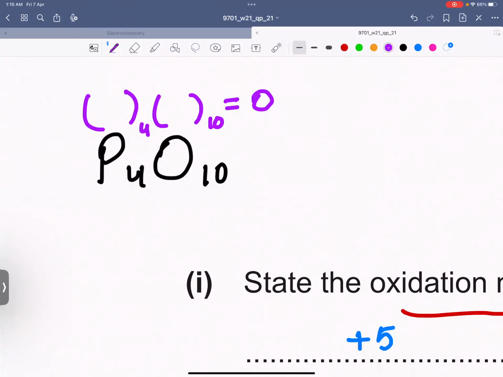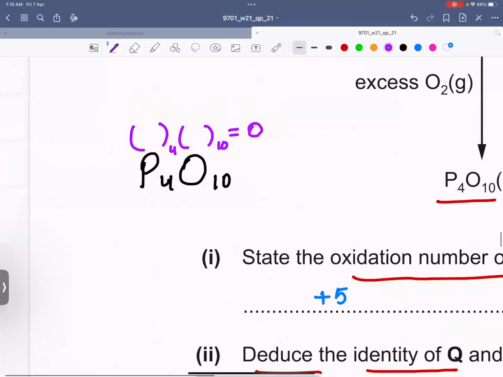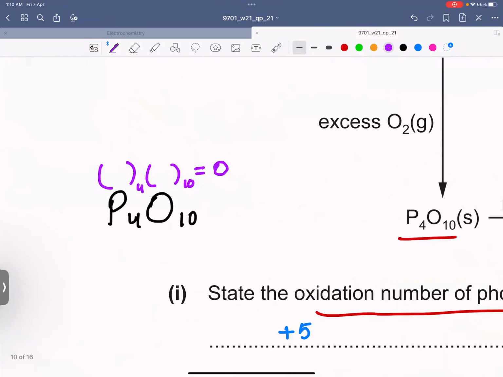Okay, so when you review redox, in redox we have discussed the order of choosing which element's oxidation number would be placed first. That order says first you put the oxidation number of group 1, 2, and 3, but there is no element from group 1, 2, or 3. Then put the oxidation number of hydrogen. There is no hydrogen over here. Then put the oxidation number of the most electronegative element. In this case, oxygen is the most electronegative, so its oxidation number is -2.